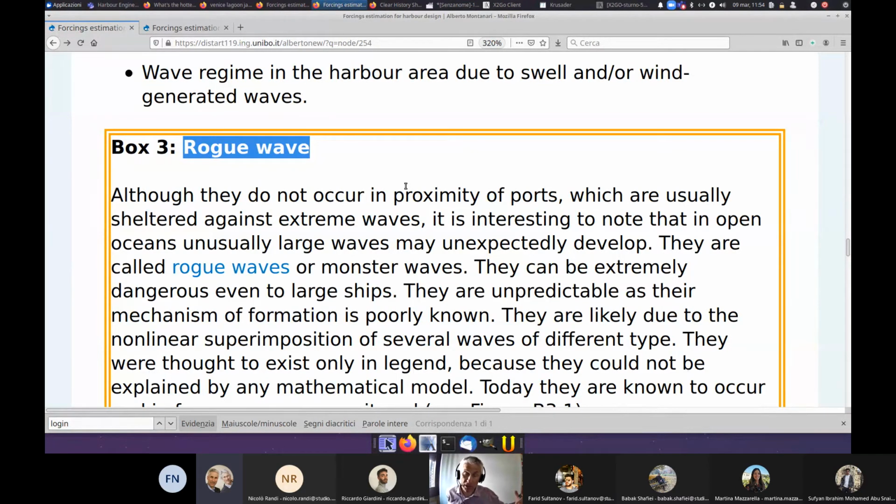But if the process is non-linear, then the superimposition may be a multiplicative process, not a summing process. So the result is not just the result of a sum, but can be the result of a multiplication, or can be the result of a power law, which means exponential.